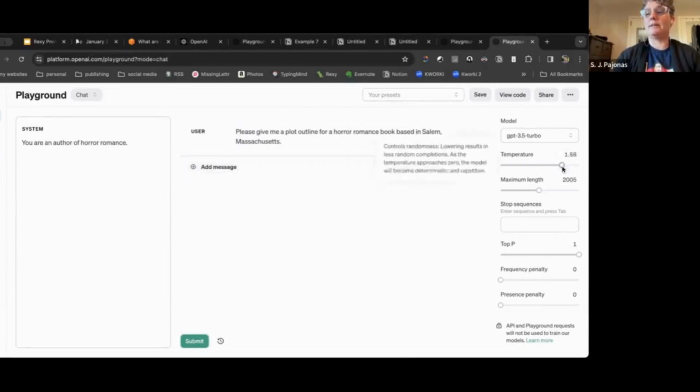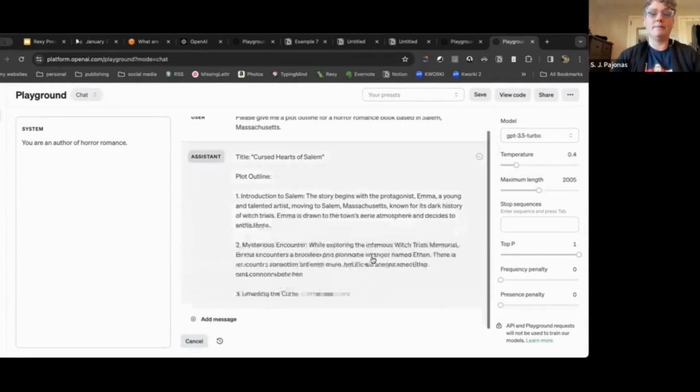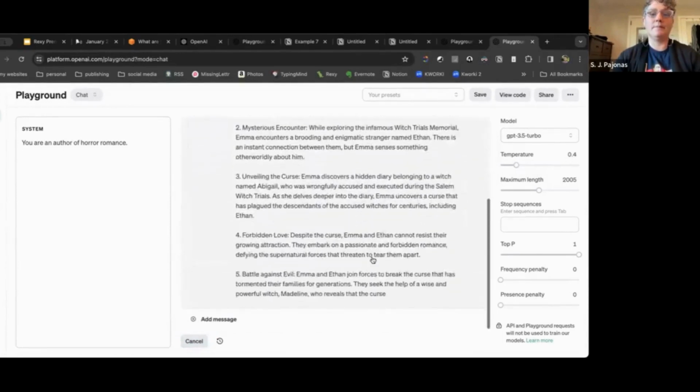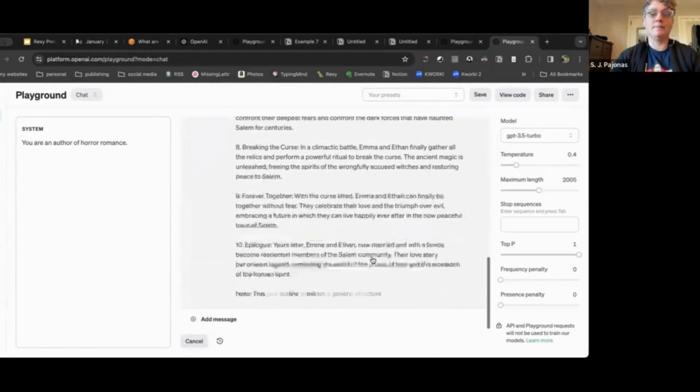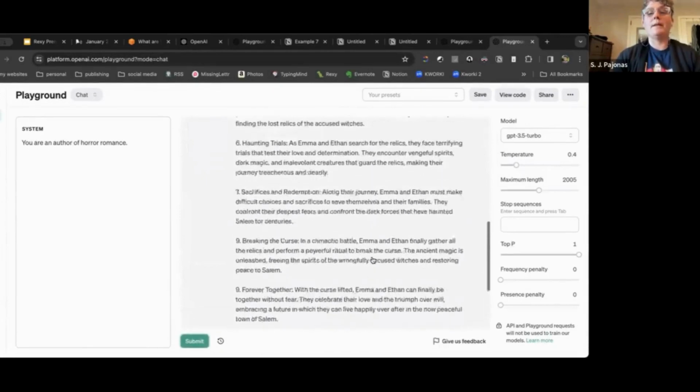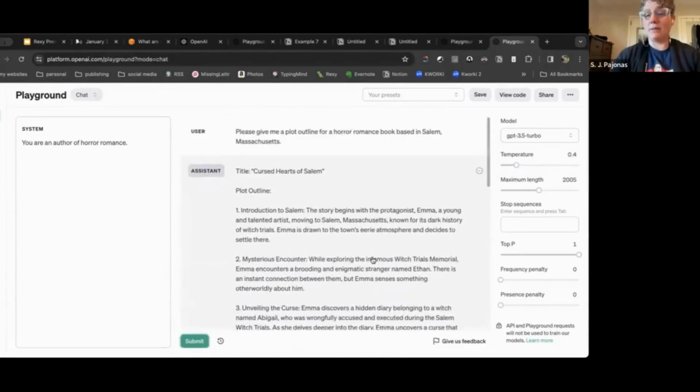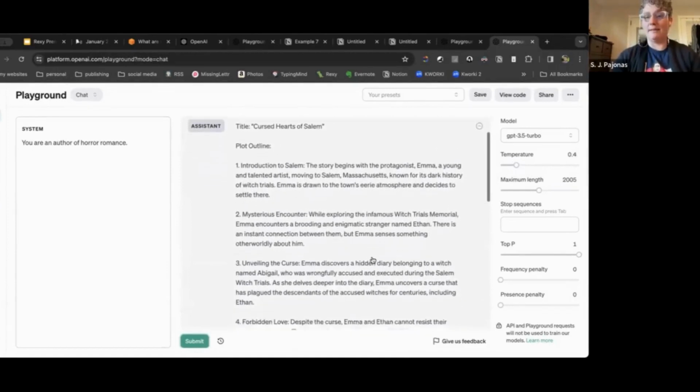We're going to ask it to stick to what we've done, be very logical. We're going to turn it down to 0.4. Okay, not bad. This isn't much of an outline per se, right?